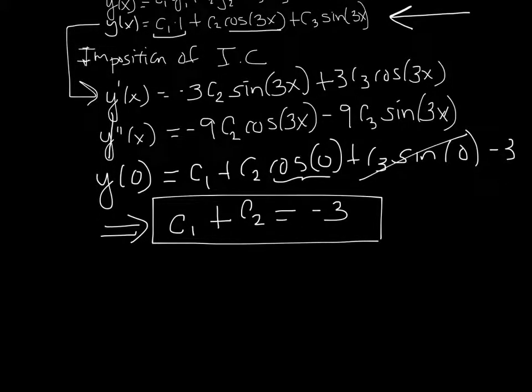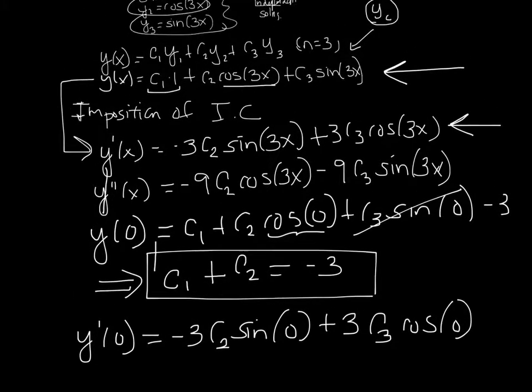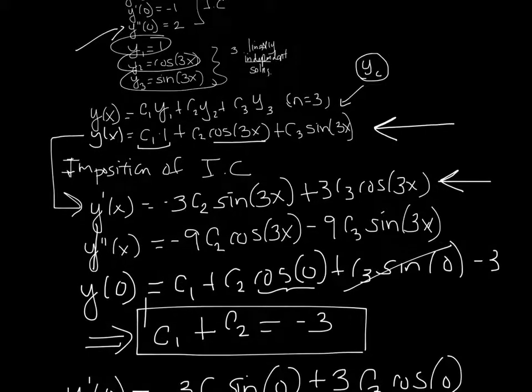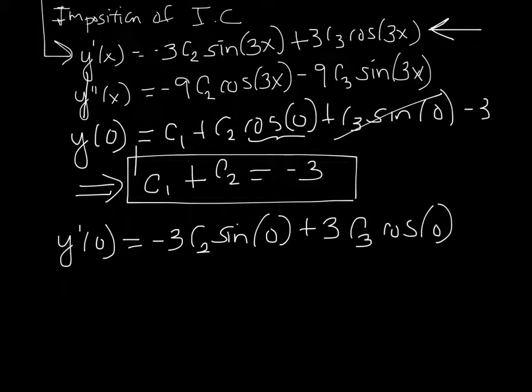Let's do the same thing with y prime of 0. I'm looking at y prime, and that is negative 3c2 sine of 3 times 0 plus 3c3 cosine of 0, and y prime of 0 is negative 1 from our initial conditions.